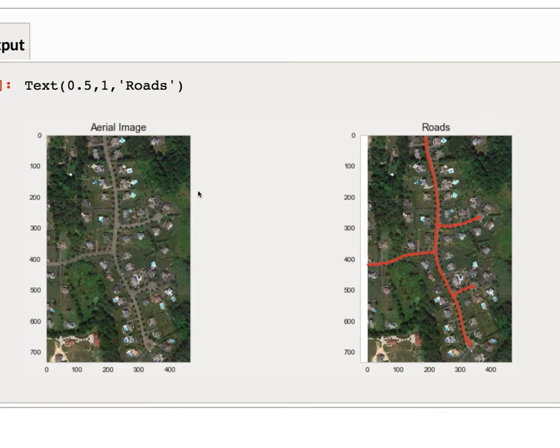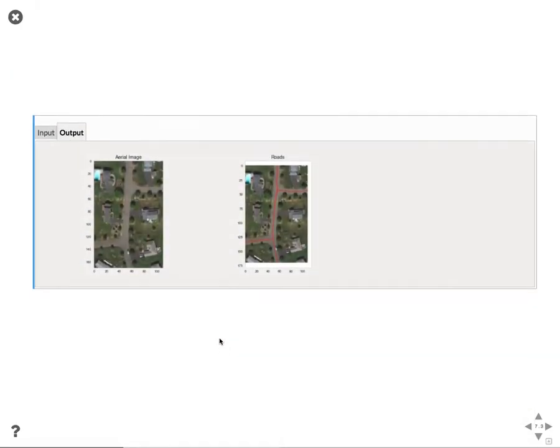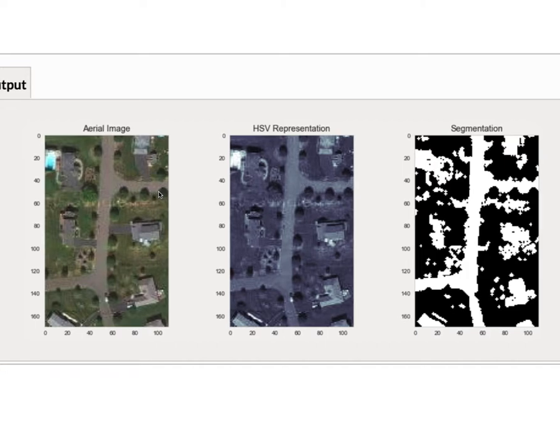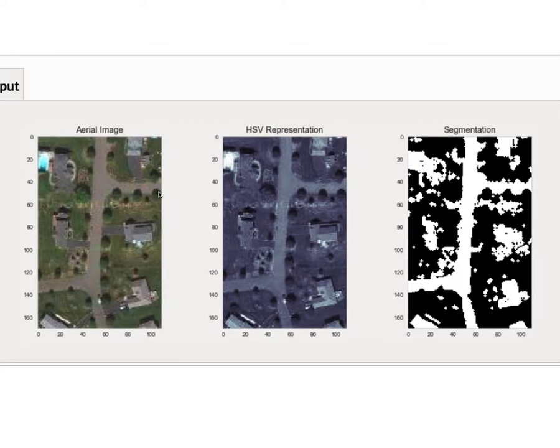Here are our first steps: we have a color image. We can convert it to this HSV representation, which breaks apart the color and the intensity: the hue, the saturation, and the value, those different representations.